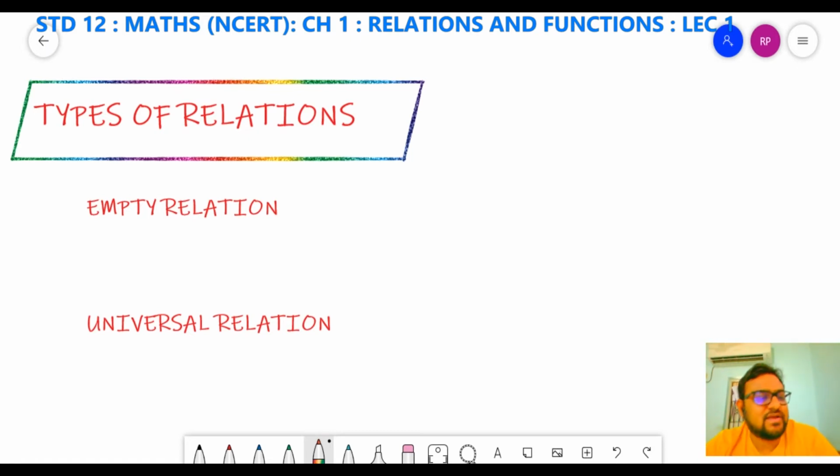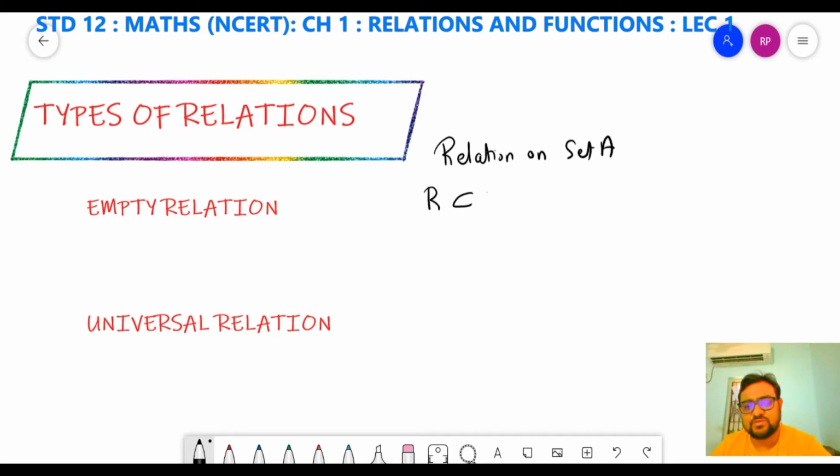Types of relations: empty relation and universal relation. Now see, if I take a relation on set, let's say set A, then R will be a subset of A cross A, right?